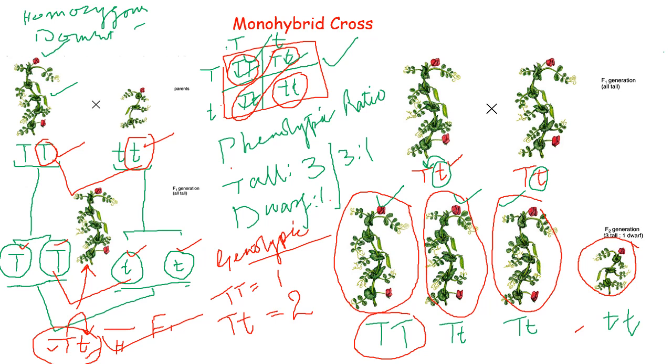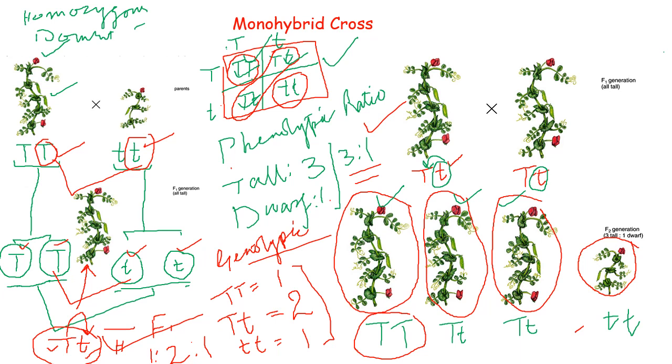And how many times do we have small t and small t? Again once. So the genotypic ratio will be different from the phenotypic ratio. While the phenotypic ratio is 3:1, the genotypic ratio is 1:2:1. So the genotypic ratio and the phenotypic ratio of a monohybrid cross differ: the phenotypic ratio is 3:1 and the genotypic is 1:2:1.